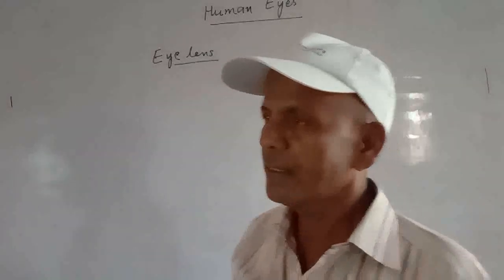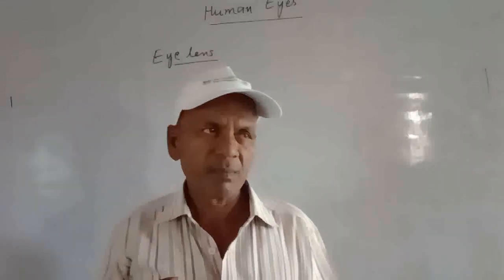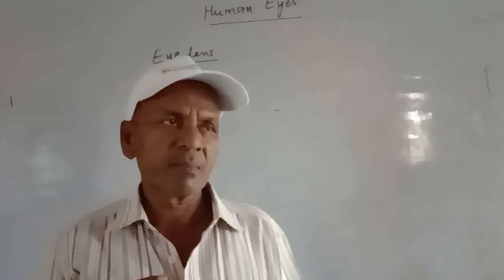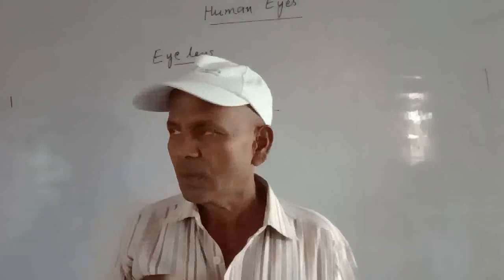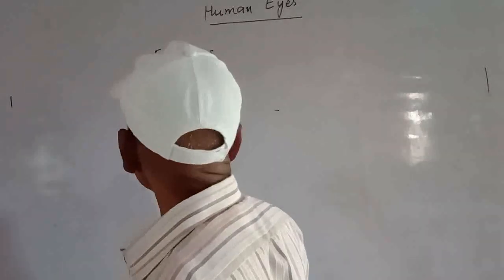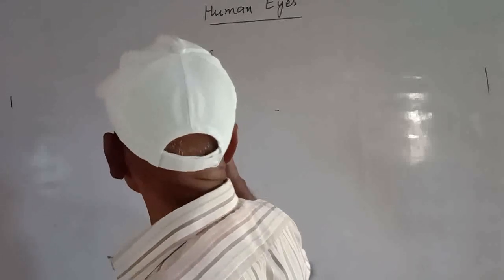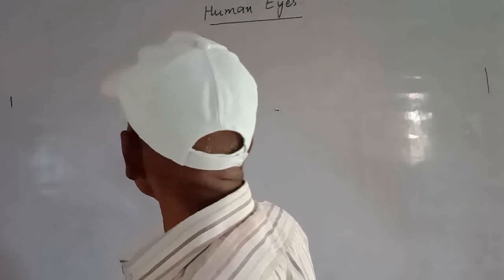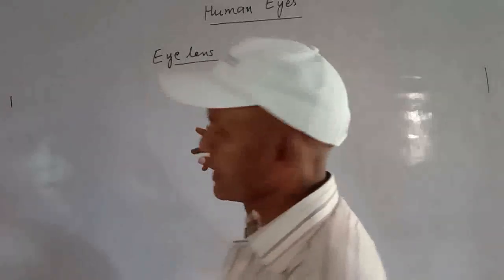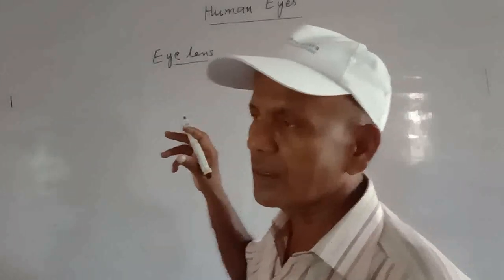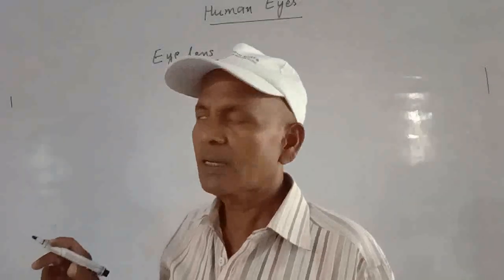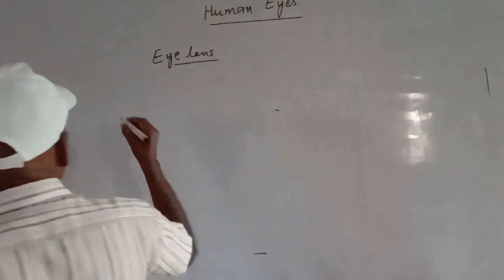I have mentioned in our PDF sent earlier to you, eye lens changes its focal length by the ciliary muscles.